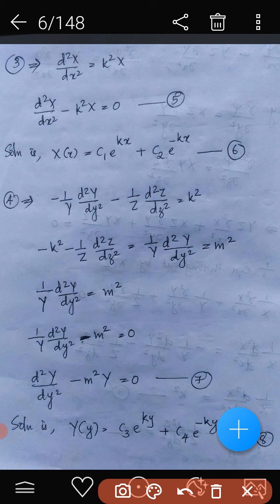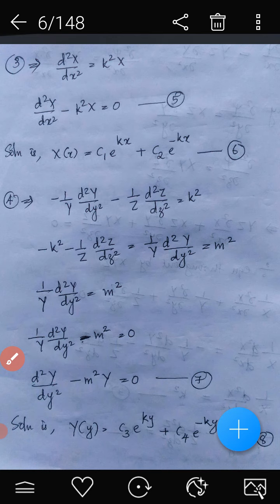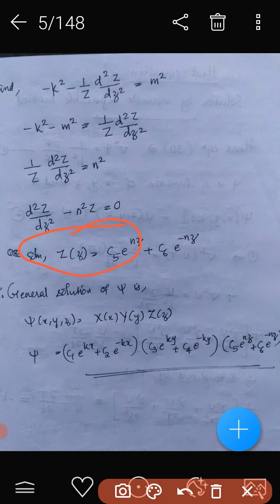Now here is one more term: −k² − (1/Z) d²Z/dz² = m². So we can take this part to this side, then it will become positive: −k² − m² = (1/Z) d²Z/dz². Here k² is a constant and m² is a constant.